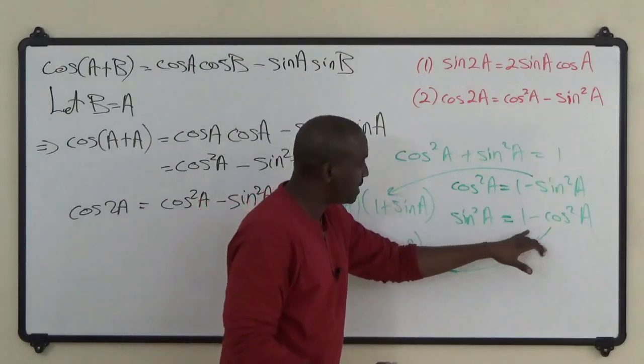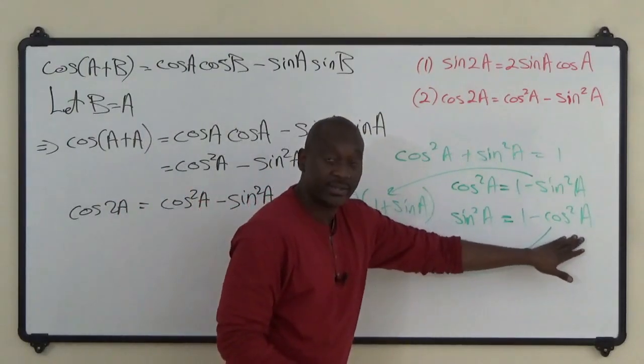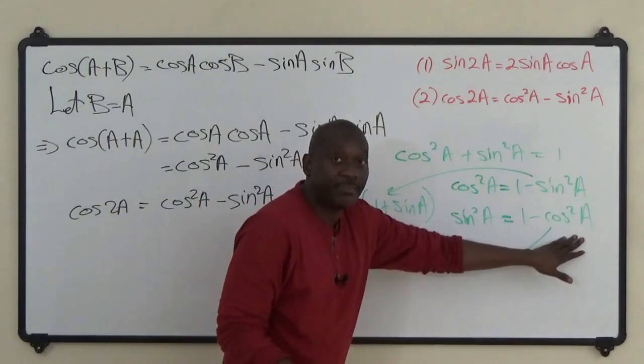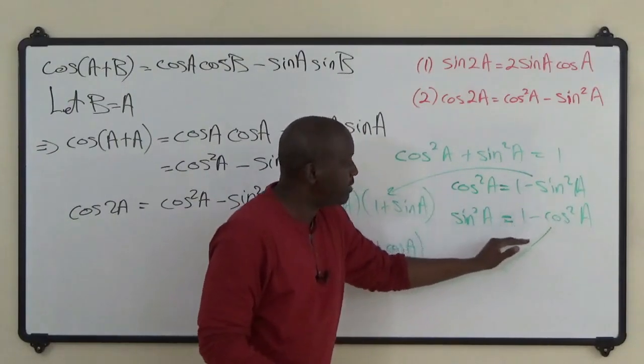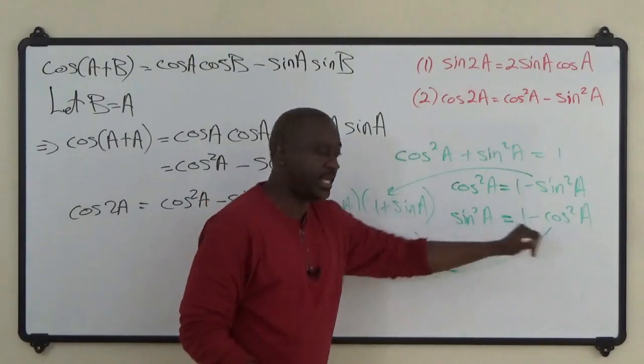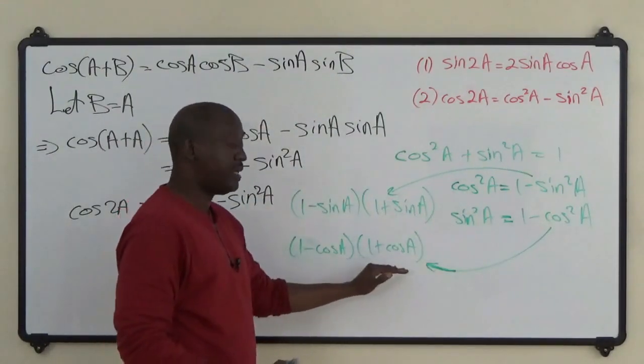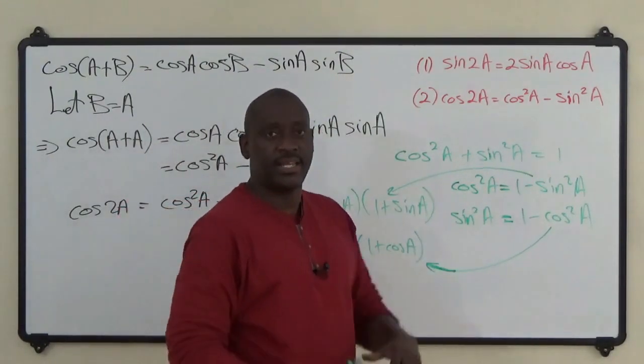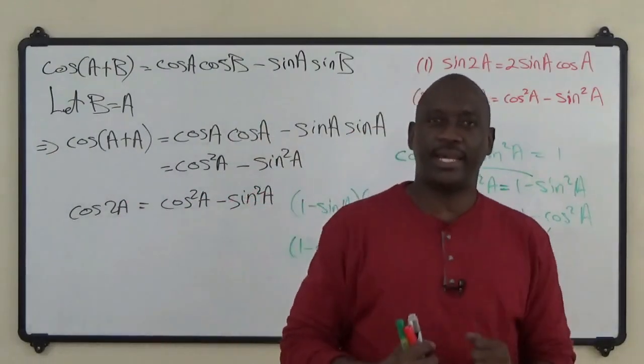Likewise, they're not expecting that if you see 1 minus cosine squared a, they would have to explain to you that you could invoke the difference of 2 squares and write it as 1 minus cosine a into 1 plus cosine a. They're not expecting to have to explain that.